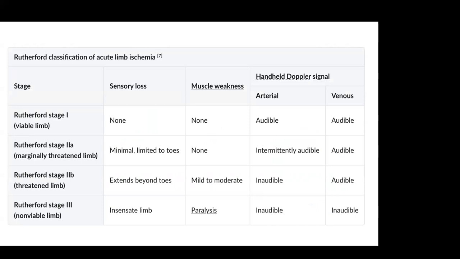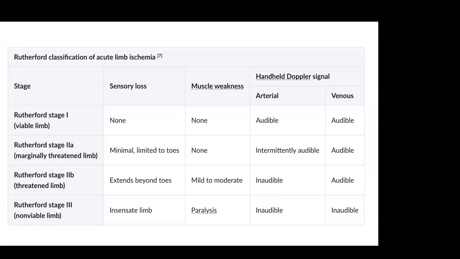In stage 1 there will be no sensory loss, no muscle weakness, and the arterial and venous Doppler will be audible. In the marginally threatened limb, the sensory loss will be limited to the toes, and again there will be no muscle weakness, but arterial Doppler will be intermittently audible and venous Doppler will be audible.